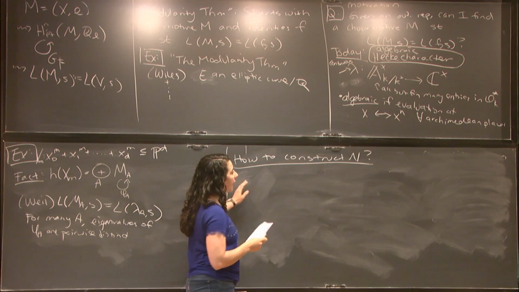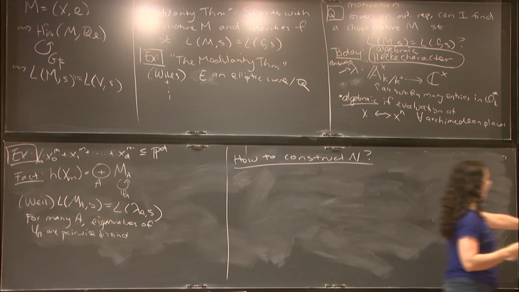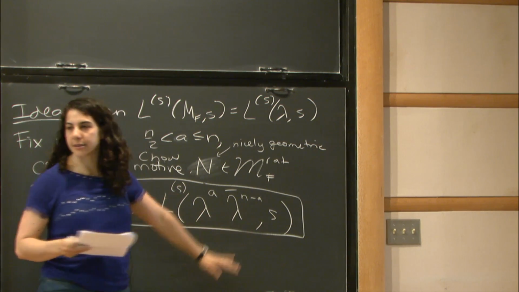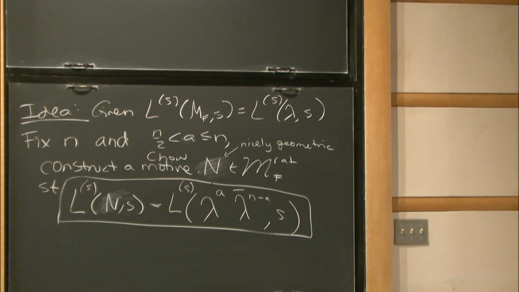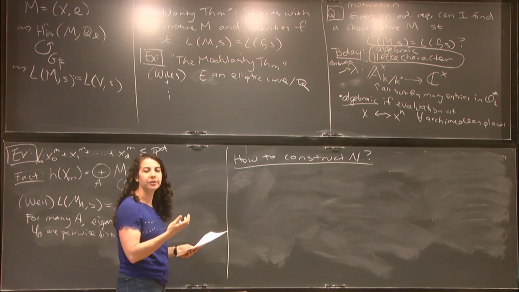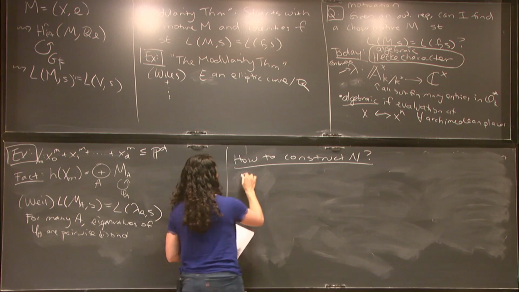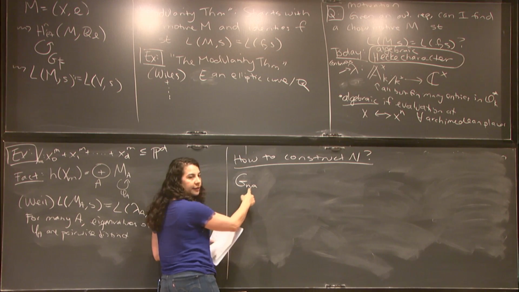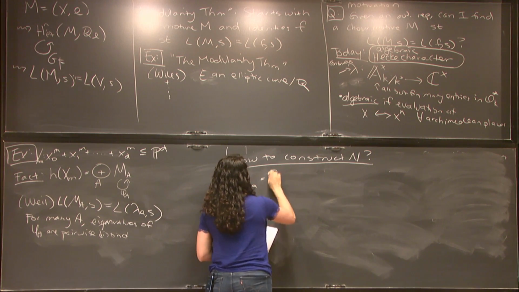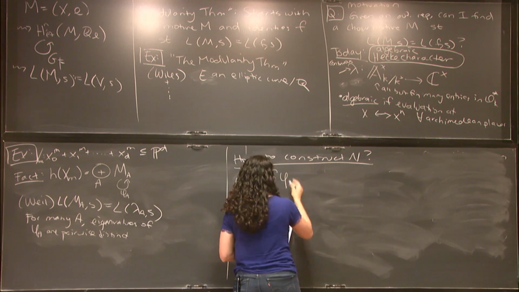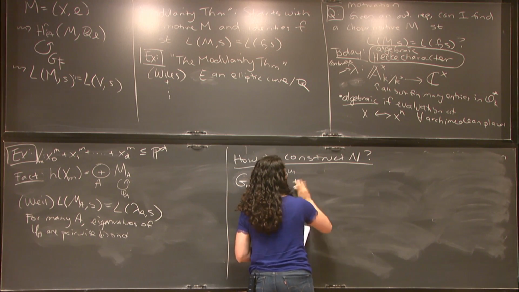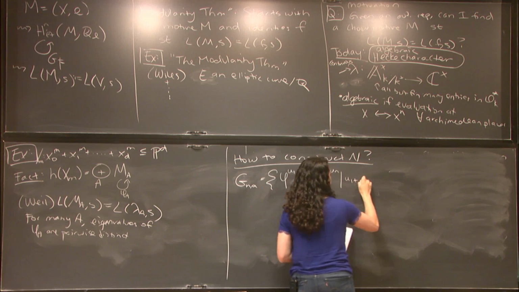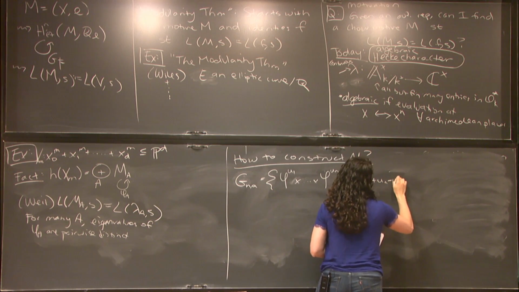So we want to cut this motive M out of X raised to the nth power, right? To do that, we're going to define a particular group action on X to the n. So I'm going to define a group G sub n comma a, depending on these two choices that I've made, to be, I take phi to the u1 cross through phi to the un such that the following condition holds.